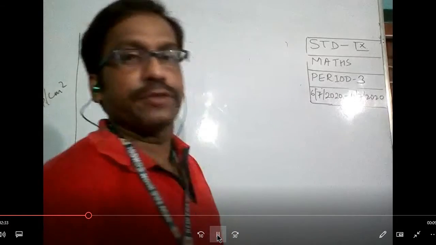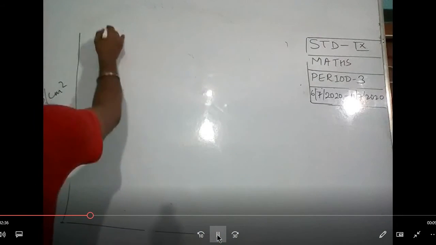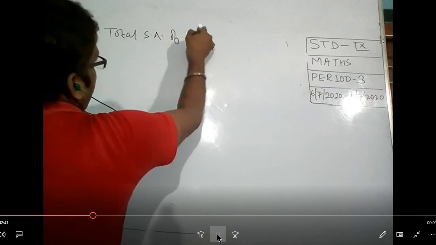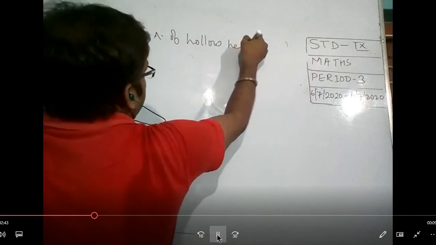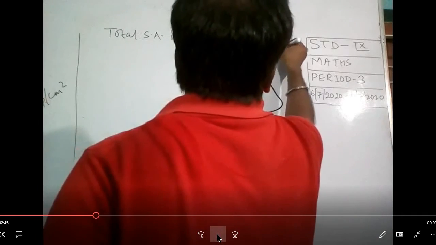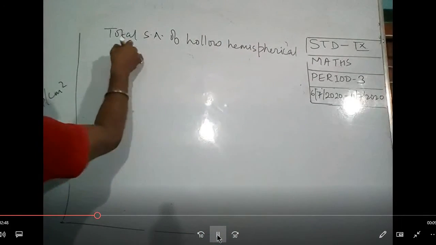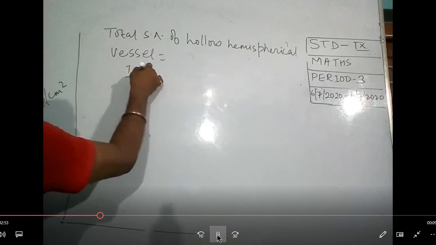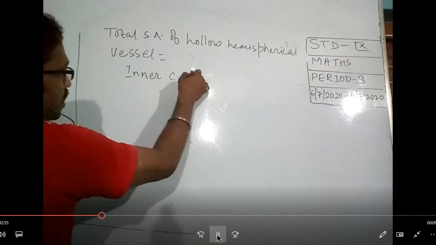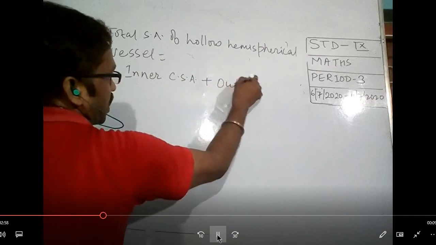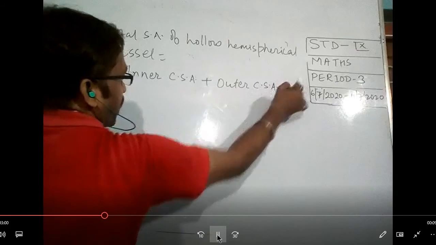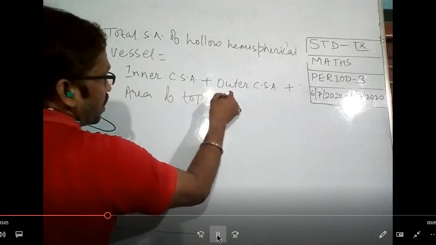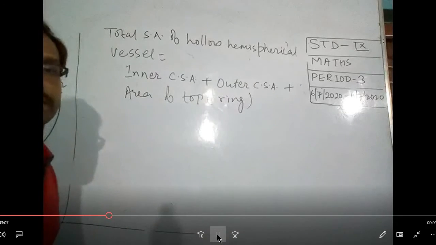We have to paint, that means we have to find the surface area. So, total surface area of this hollow hemispherical vessel is equal to inner curved surface area plus outer curved surface area plus area of top, which is in the shape of a ring, and we have discussed what a ring is.